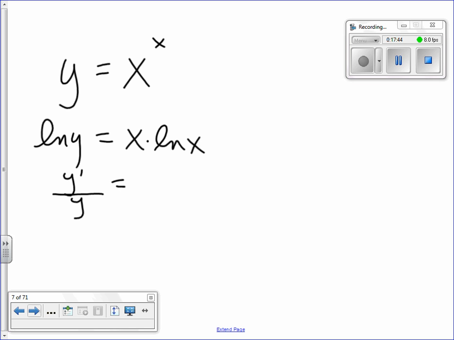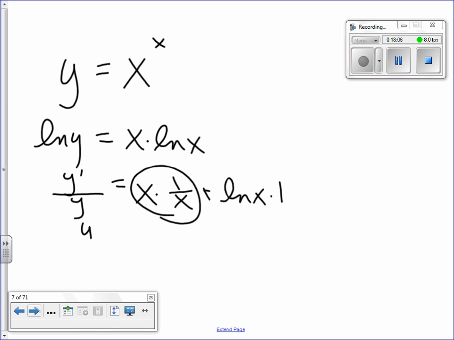The other side, you have to remember to use product rule. What is the derivative of ln of x? 1 over x plus the second times 1. And what does x times 1 over x equal? So y prime over y equals 1 plus the ln of x.